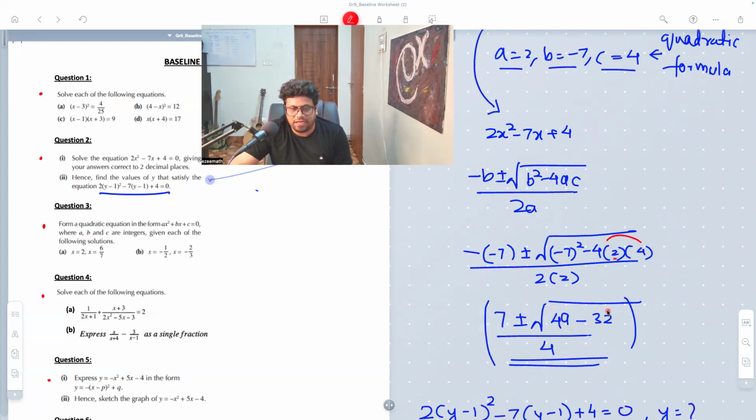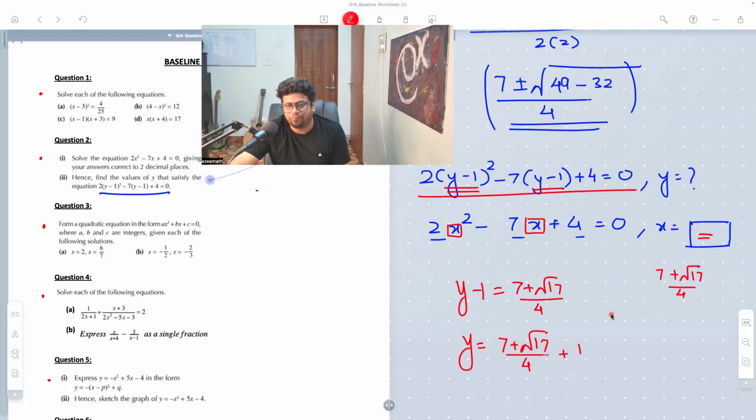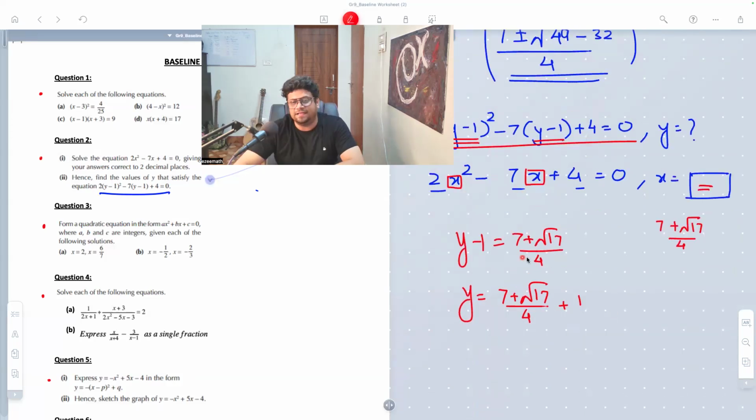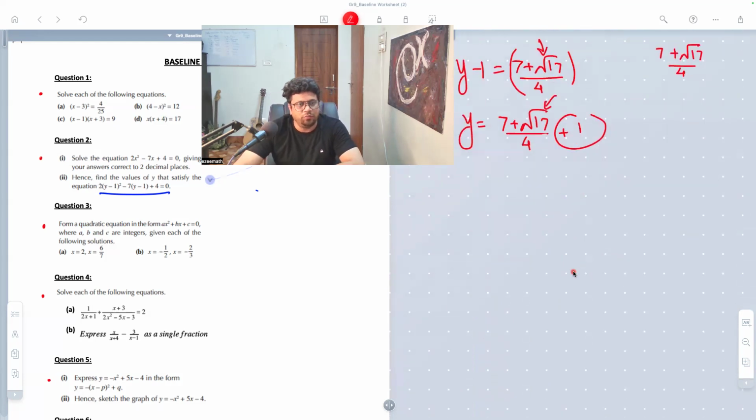So that's 17. Yeah. And of course, there are decimal values that you can put up here on root 17. And y minus 1 will come out to be this only because x came out to be that same value in the previous quadratic, and y is going to be plus 1 that. Yes, that's how you do it for the 2 part B.